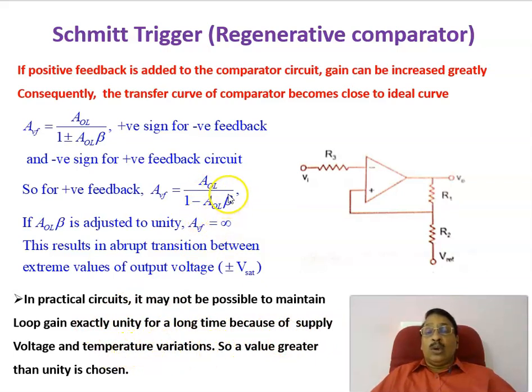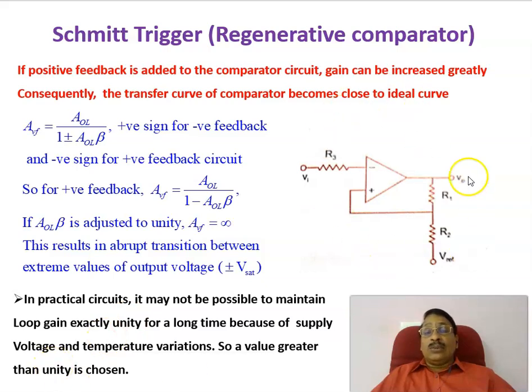Keeping it at 1 is very difficult. In that case, the normal practice is that this loop gain is made slightly greater than 1. So a value greater than unity is chosen, so that it works as a positive feedback circuit, in which the transition from plus Vsat to minus Vsat, or minus Vsat to plus Vsat, takes place suddenly.